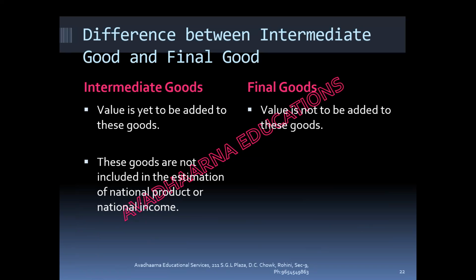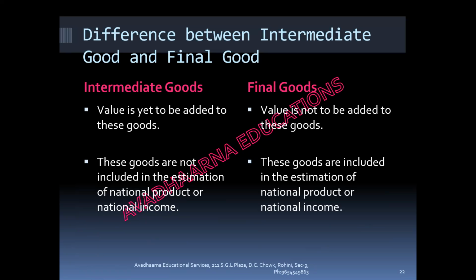Intermediate goods are not included in the estimation of national product or national income, whereas final goods are included in the estimation of national product or national income. That is why we have made this distinction: only the value of final goods is considered while calculating national income, whereas intermediate goods are not considered.